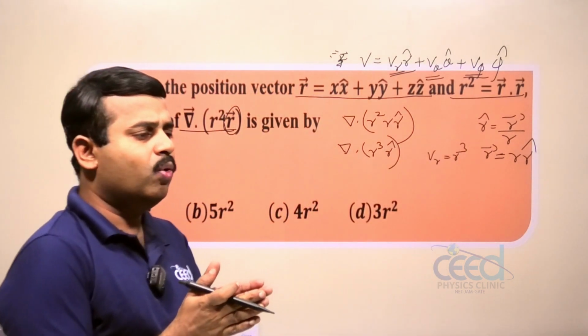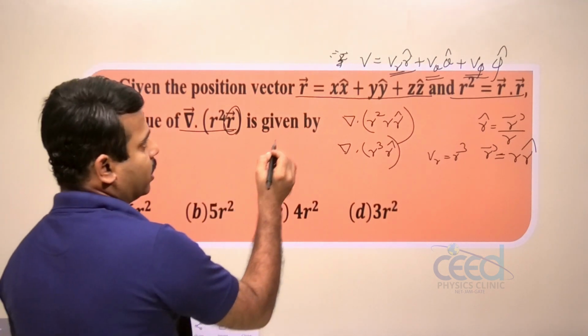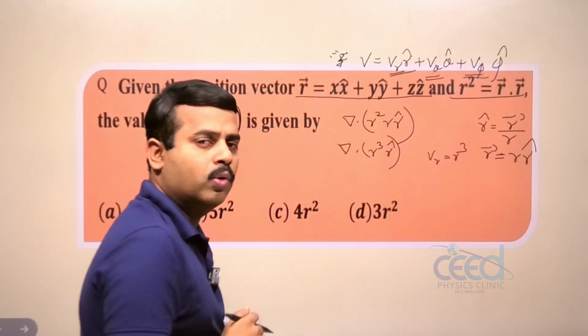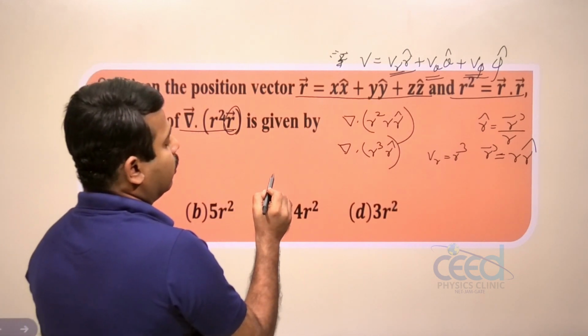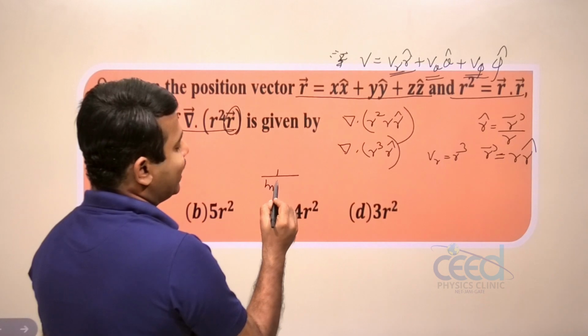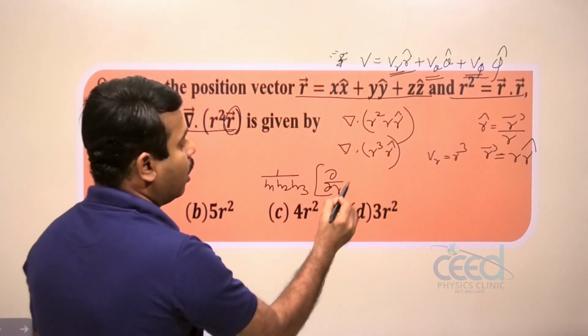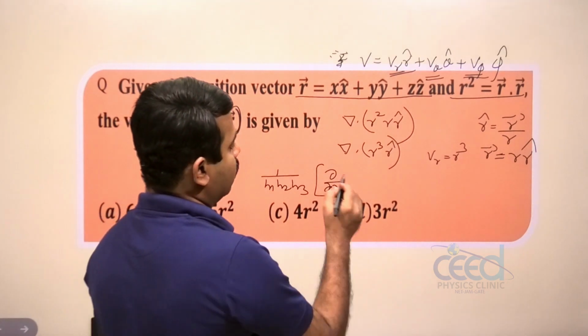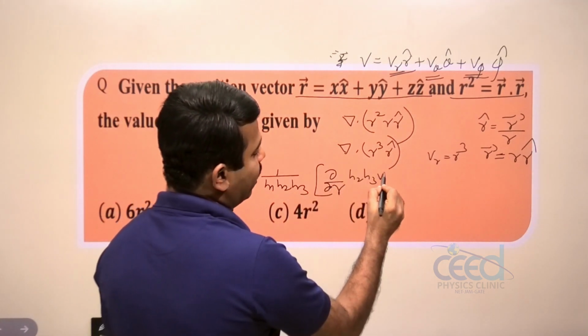Now how do we find divergence? Divergence equation, suppose this is in spherical polar coordinate system, right? Then divergence is 1 by h1 h2 h3 dou by dou r of h2 h3 vr.